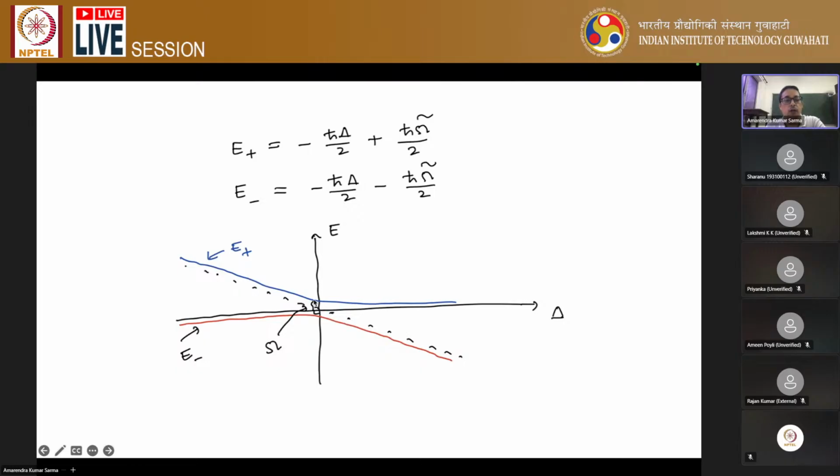Rather, this crossing is getting avoided. And this is a typical feature of any quantum optical system. Whenever there is coupling, you always see this avoided crossing phenomenon.